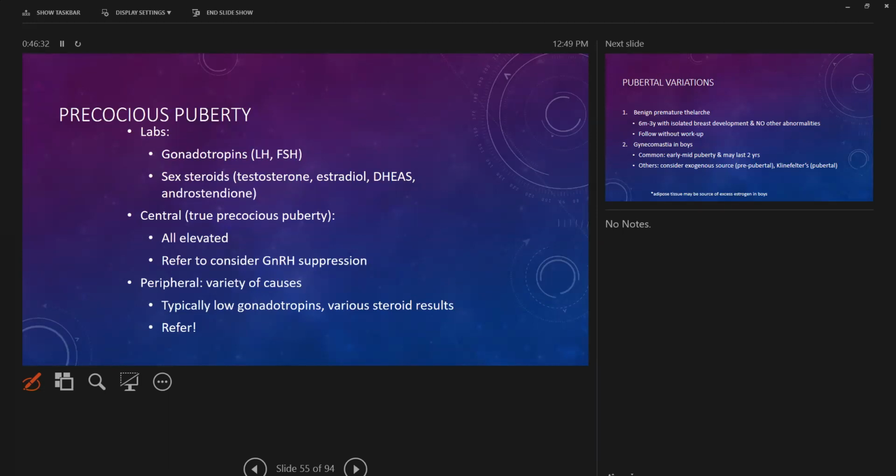Peripherally, there's a variety of causes, typically low gonadotropins. Various steroid results may also help us try and figure out what the heck's going on. And when we're just totally confused, like 90% of this stuff, we'll send it out.